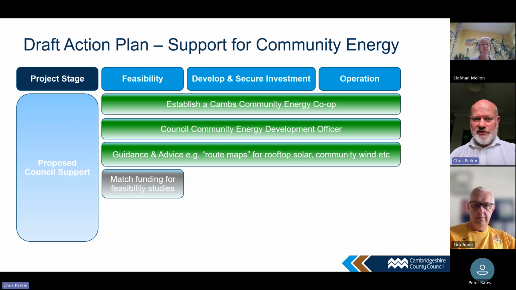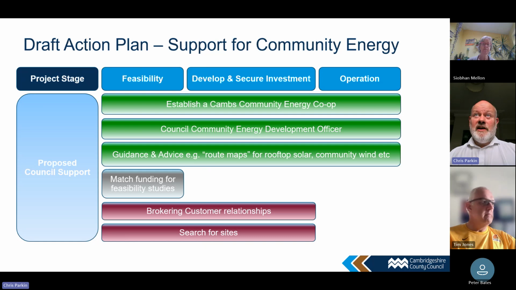And I think we'd probably look to have a recycled match funding fund. So any projects that then were successful in securing investment to move forward into the build phase, they would repay that grant at that stage, and it could be reused for subsequent projects.